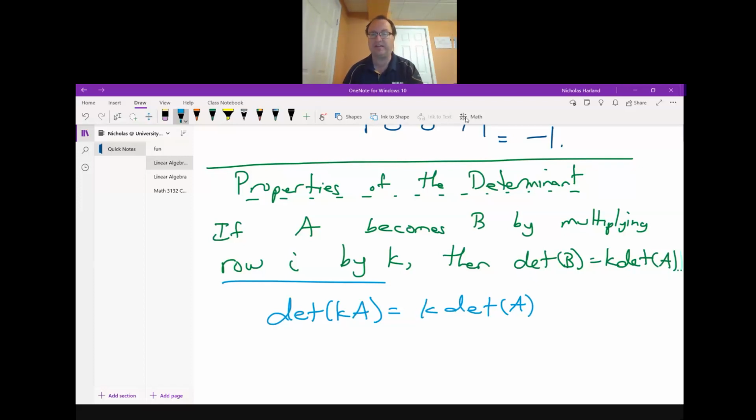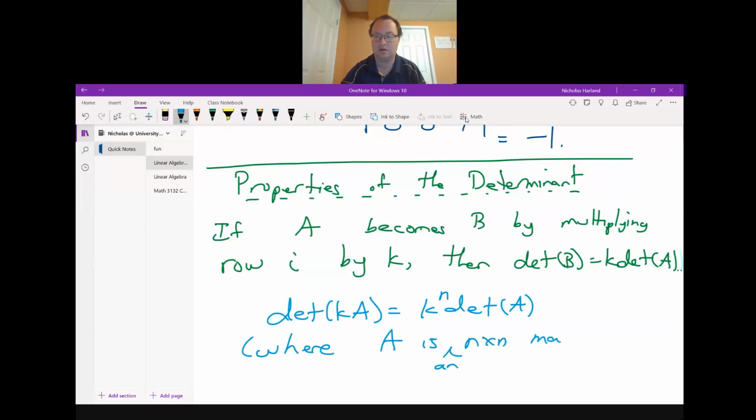So if we want to multiply the entire matrix by K, then we're multiplying every row by K. In other words, the real property is K to the power of N, where N is the number of rows in the matrix. Of course, for determinant, we need square matrices, and so we have an n by n square matrix.